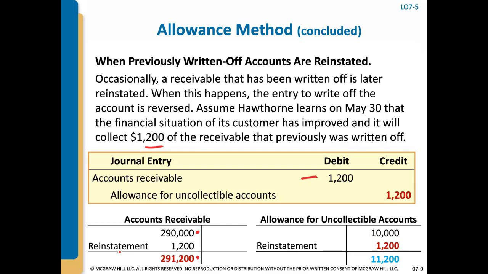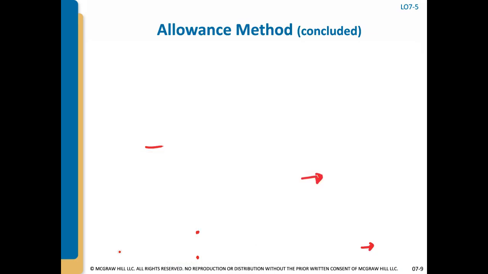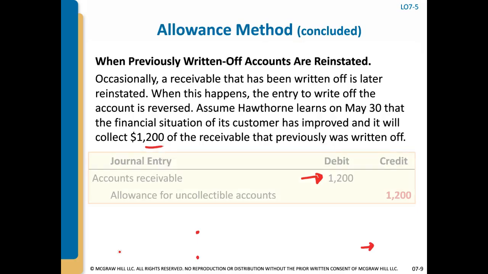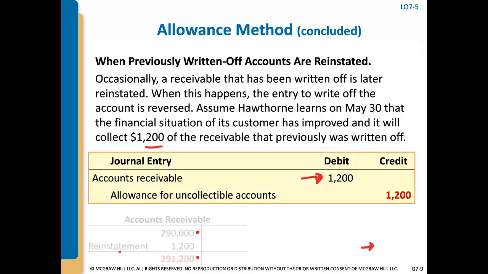So we're going to debit our accounts receivable by 1,200, and the other side is going to be the reinstatement of this allowance for uncollectible accounts. We're still not sure if we're going to actually collect it. It's just they're telling us that yes, we can pay you, but we're still not sure. So we're just going to reverse a portion of our previous entry, this $15,000. Of this 15,000, they're telling us that we're going to collect 1,200, so we're just going to reverse $1,200 of this 15,000 when the write-off is reinstated.